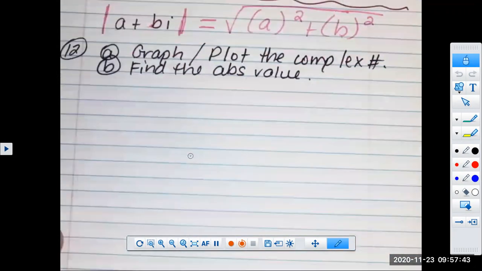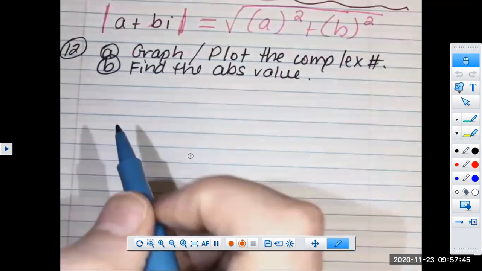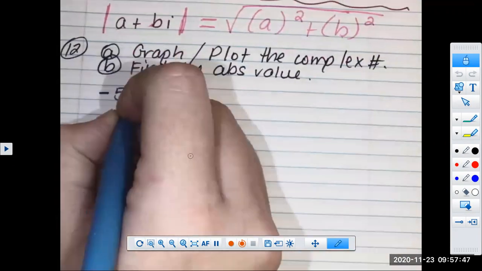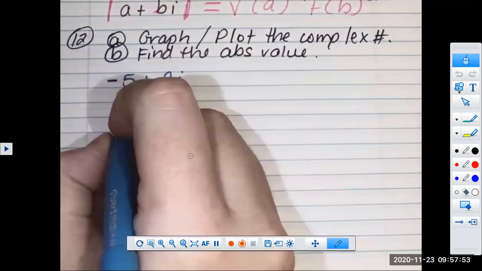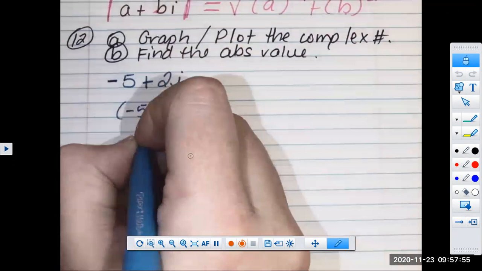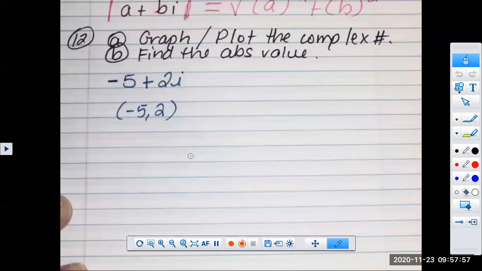All right, and this is what you have. You've got this complex number, negative 5 plus 2i. So we're graphing the point. You're simply graphing the point negative 5, positive 2. That's what you're plotting.